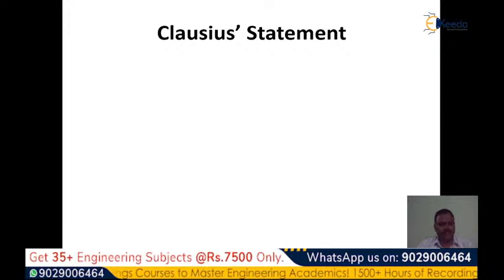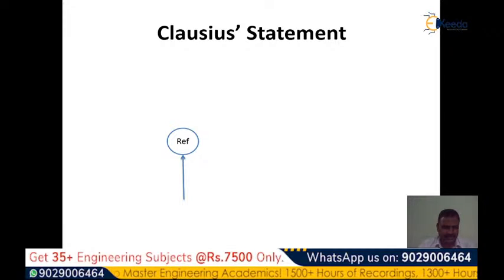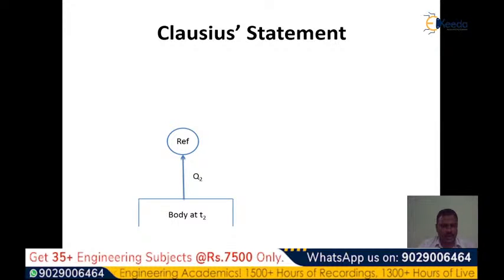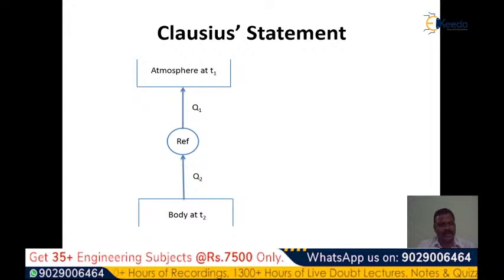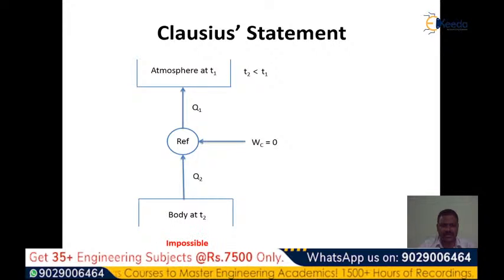Here it is impossible to construct a device that will receive Q2 amount of heat from a body at temperature T2 and reject Q1 amount of heat to the atmosphere, which is at a temperature higher than the body, without receiving any work. Here WC is 0, right? Without receiving any work, that is supplying heat to the high temperature reservoir from the low temperature body. So this is impossible. Here temperature T2 is less than T1.